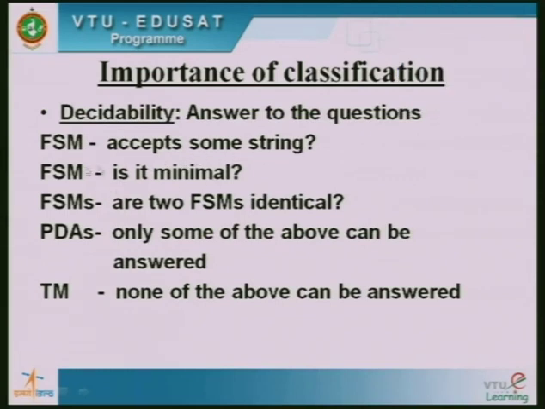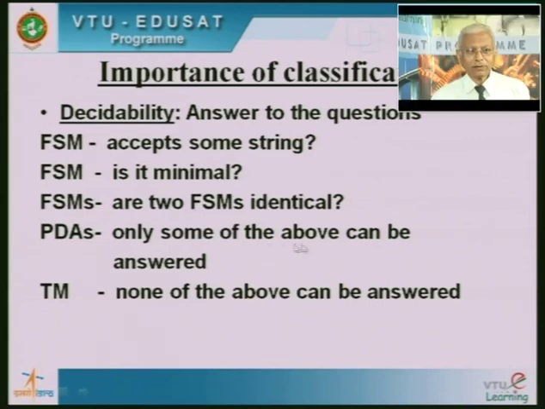Then next is decidability: answers to questions such as, does it accept some string? Is it minimal, meaning the number of states is minimal? Are two finite state machines identical? All these questions can be answered in the case of finite state machines. As we enter into more complex automata, not all of these can be answered: only some can be answered for a pushdown automata, and for a Turing machine none of them can be answered.